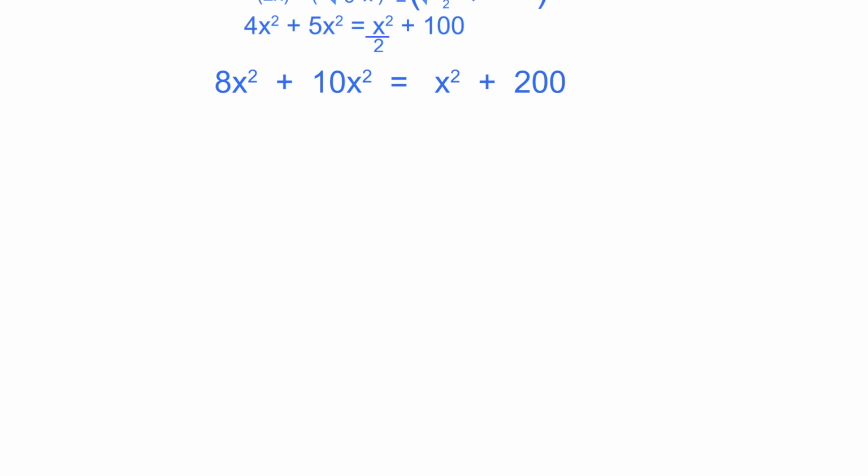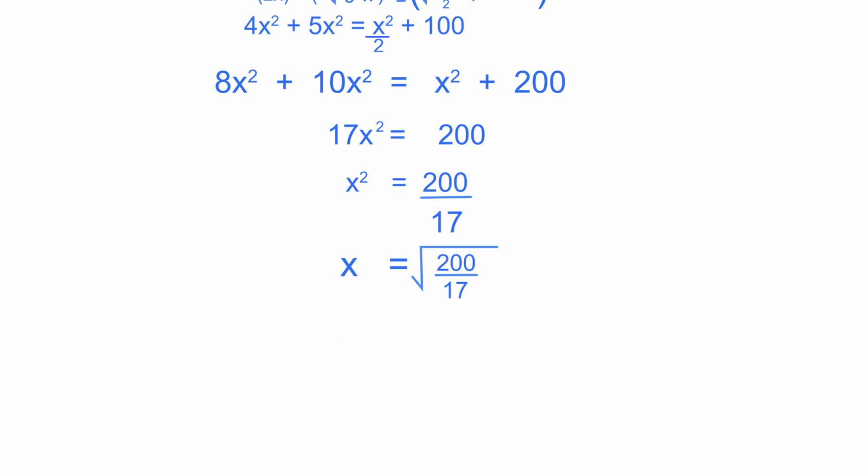Then this becomes 18, and if you subtract 1, you get 17x squared is equal to 200. x squared is therefore 200 over 17, and x is equal to the root of that. In terms of a value, it's approximately 3.43. So great, we have x.